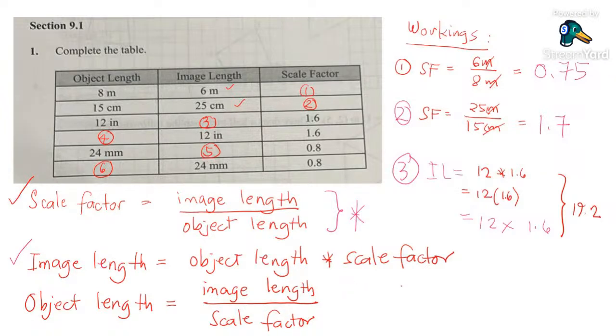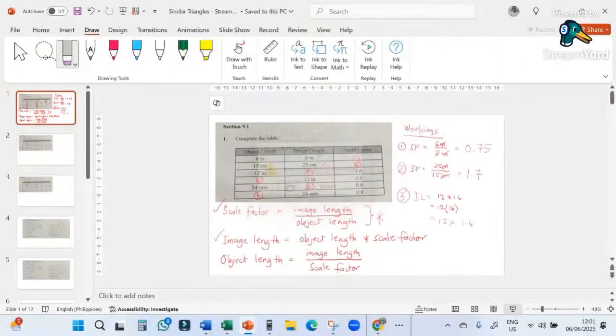Right. Number four is about object length. So object length is image divided by scale factor. What is the image? 12 inches over scale factor 1.6. So the answer for number four is 12 divided by 1.6.